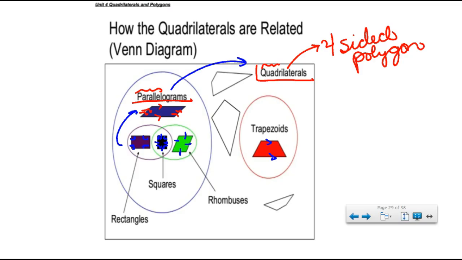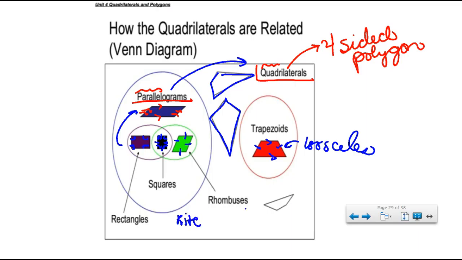Trapezoids, again, I told you, just have one pair of parallel sides. If the legs are congruent, then we call it isosceles. If not, then it's not an isosceles trapezoid. So let's go on the outside here. We also have some quadrilaterals that don't really have any specific criteria. But there's one other one I want to put on here. I'm going to go down here and have you write the kite.